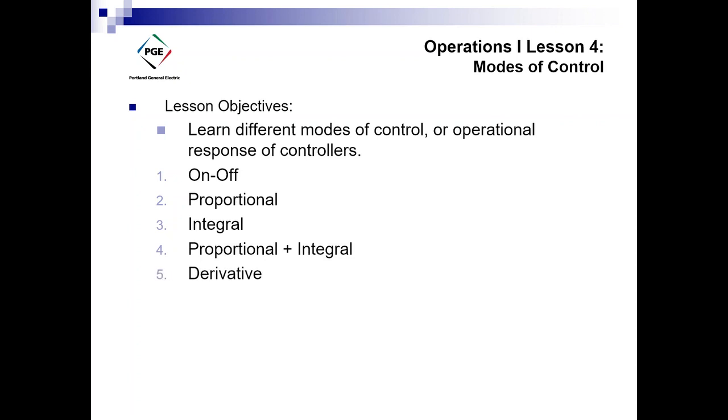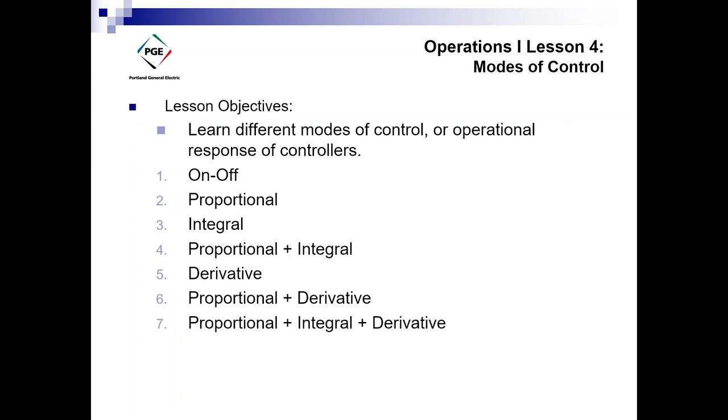But sometimes proportional and integral don't work, so you need a derivative. You may have a proportional and derivative, or you may have all three. Not all systems need all three. Obviously, the most complex systems, where you want to control hunting, rate of change, and all that, is a proportional integral derivative, or what they call PID. Don't confuse it with P&ID, the type of mechanical drawing.